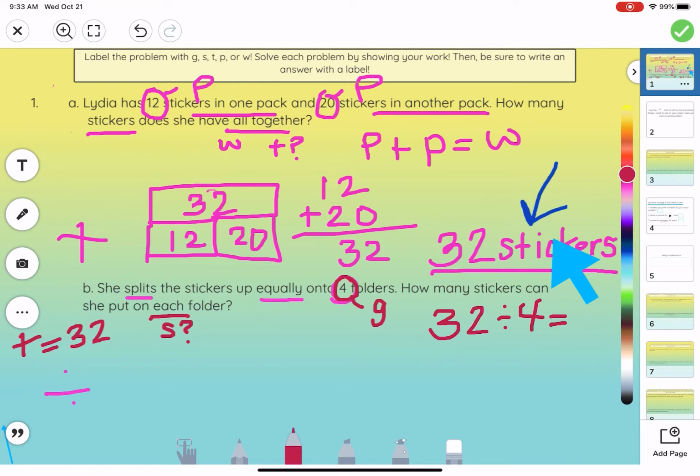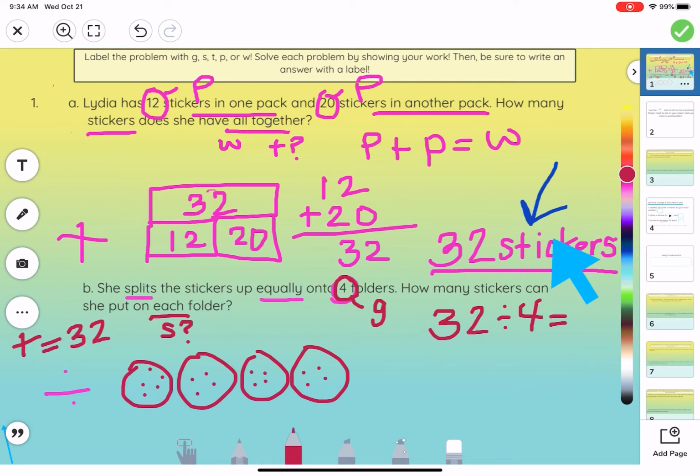In order to figure out what that equals, I need to draw a picture. 4 groups are something that I know I can draw. And I know that I can count out 32 until I run out, or fair share. 1, 2, 3, 4, 5, 6, 7, 8, 9, 10, 11, 12, 13, 14, 15, 16, 17, 18, 19, 20, 21, 22, 23, 24, 25, 26, 27, 28, 29, 30, 31, 32.